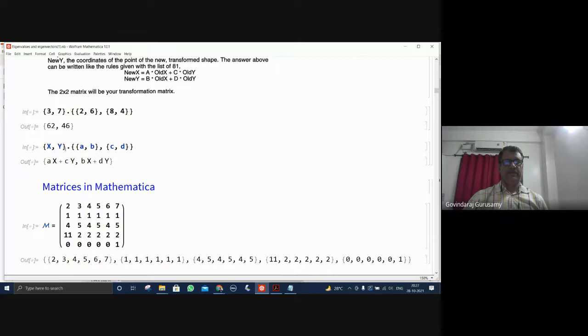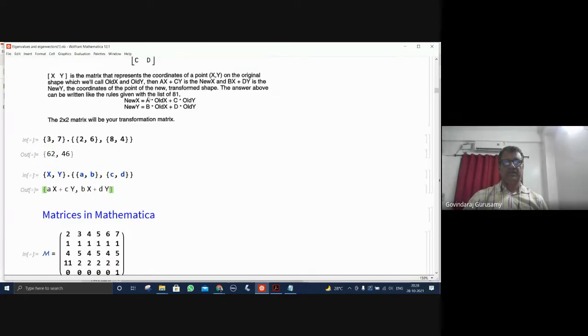I'm multiplying the old coordinates with the matrix and they get transformed into a new one: ax plus cy, and bx plus dy. These are the equations, so this is the new x and this is the new y.